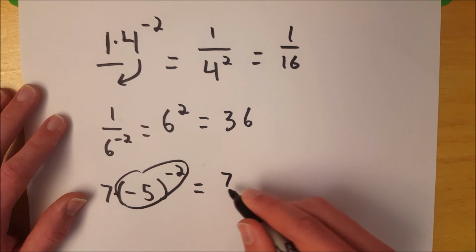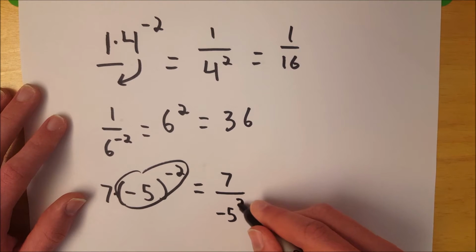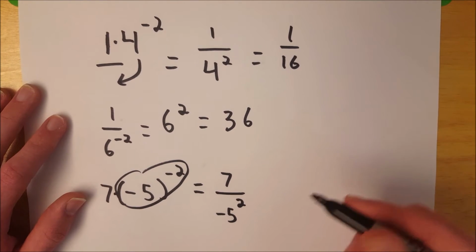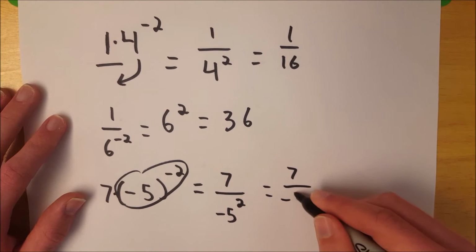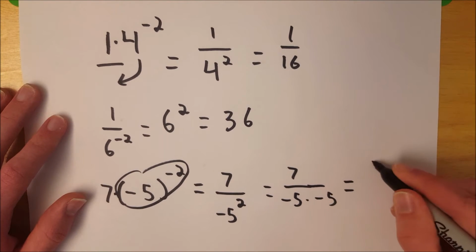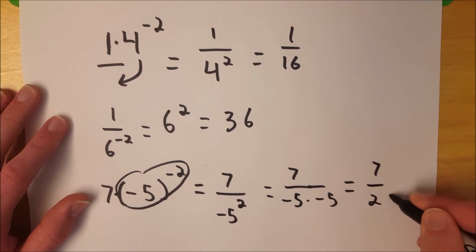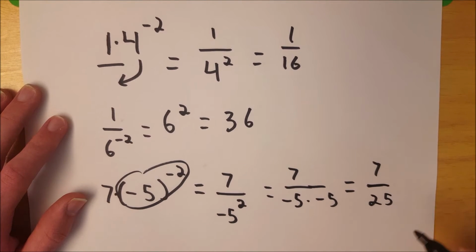So that's going to give us 7 over negative 5 to the power of 2, because the negative 2 becomes positive now that it's in the denominator. And this is equal to 7 over negative 5 times negative 5, so that's equal to 7 over 25, because a negative times a negative is a positive, and that is your final answer for 7 times negative 5 to the power of negative 2.